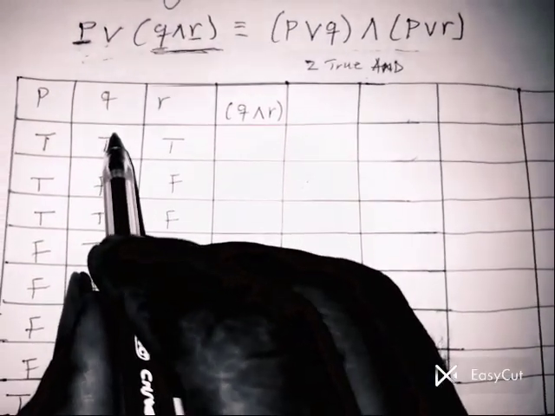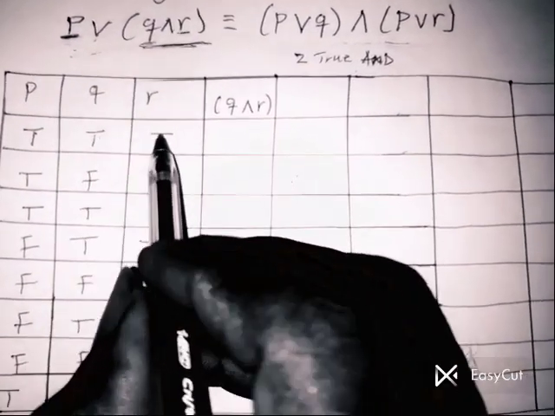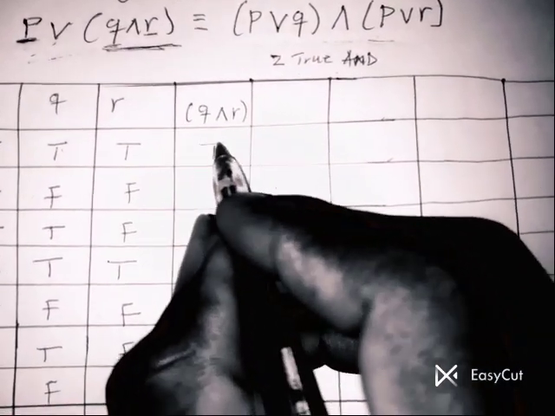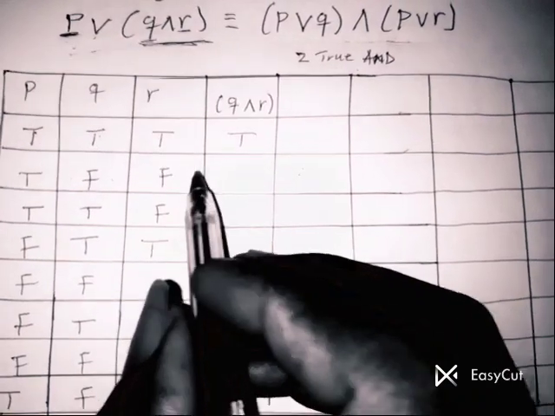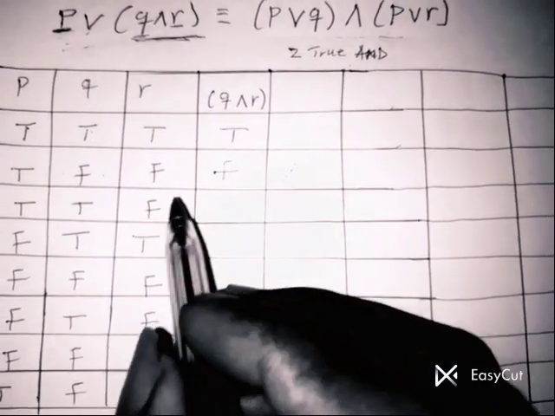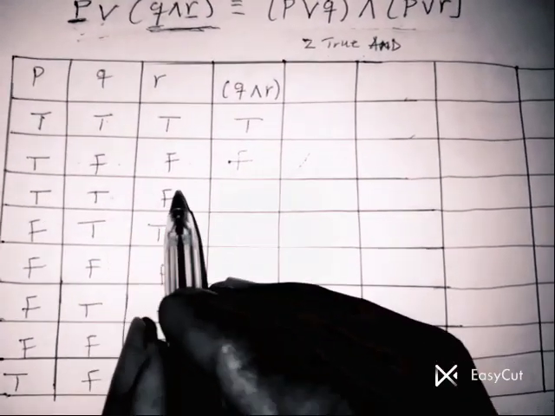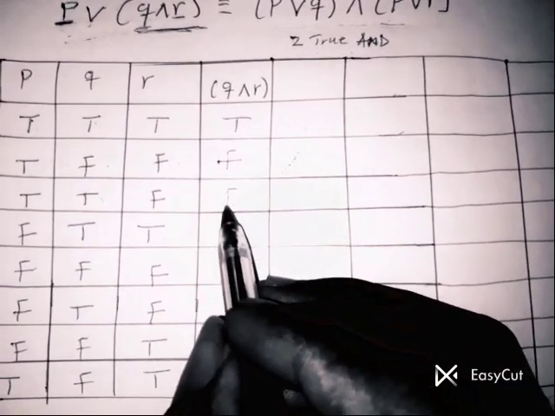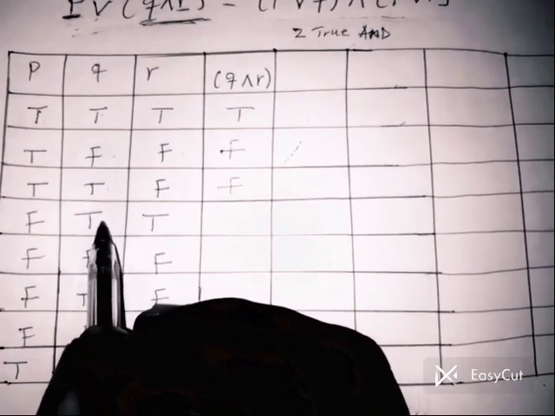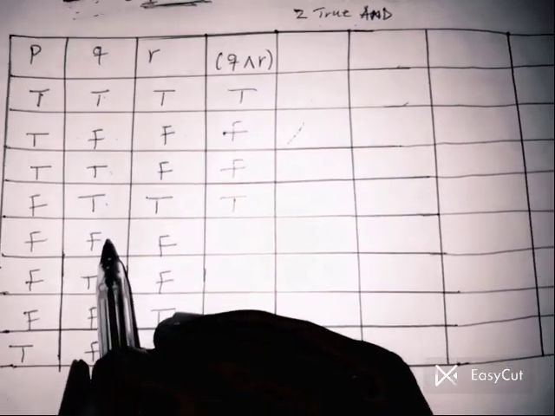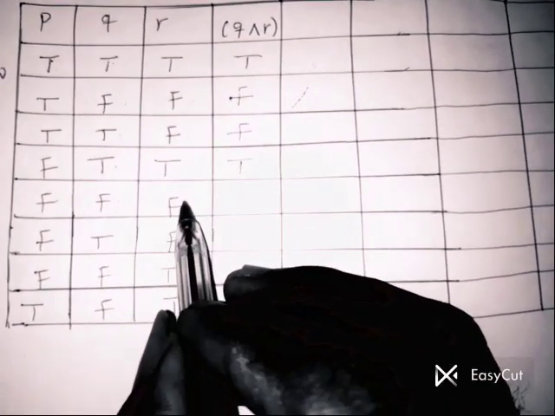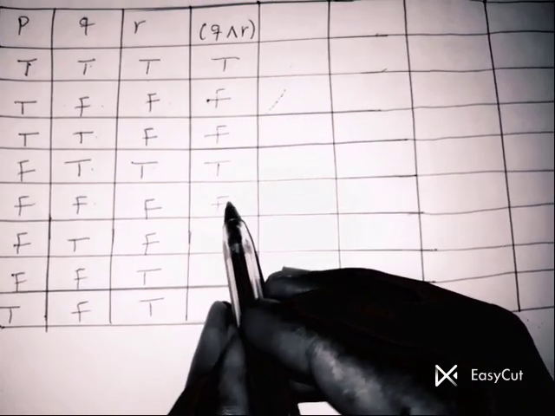So here Q is true, R is true, so the answer will be true. Q is false, R is false, the answer will be false. Q is true, R is false, the answer will be false. Q is true, R is true, so the answer will be true. Q is false, R is false, here will be false.